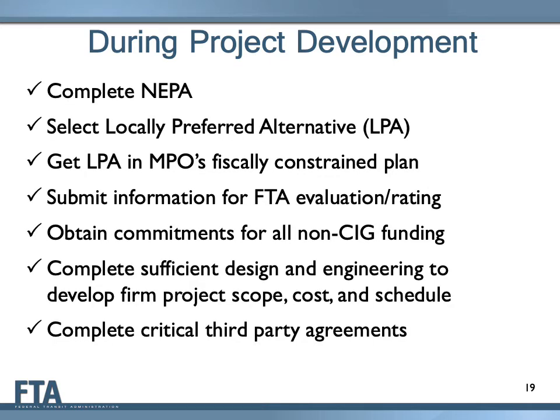Once a Small Starts project has entered project development, the project sponsor must complete the environmental review process as required under the National Environmental Policy Act, shown on the slide as NEPA, select the locally preferred alternative, known as the LPA, get the LPA adopted into the region's fiscally constrained long-range transportation plan, prepare the information needed by FTA to conduct its evaluation and rating of the project, obtain commitments of all of the non-CIG funding, complete sufficient engineering and design work to develop a firm and reliable project scope, cost, and schedule, and complete all critical third-party agreements.